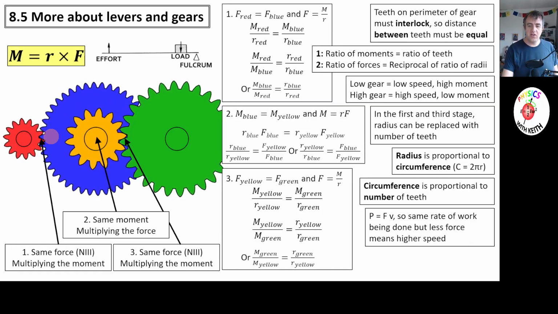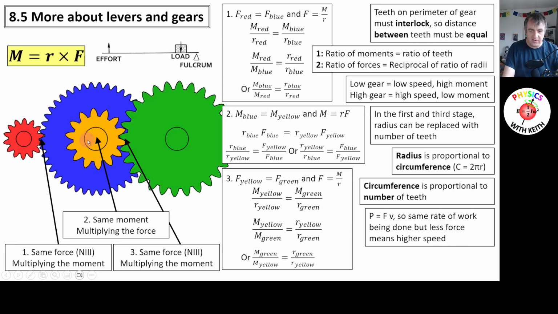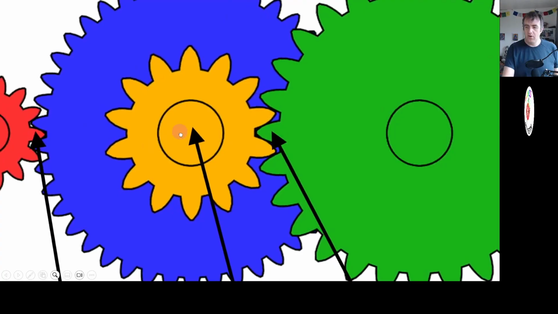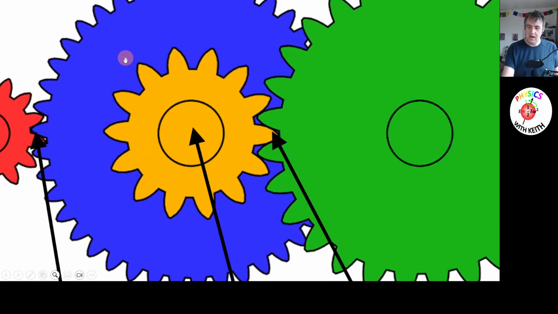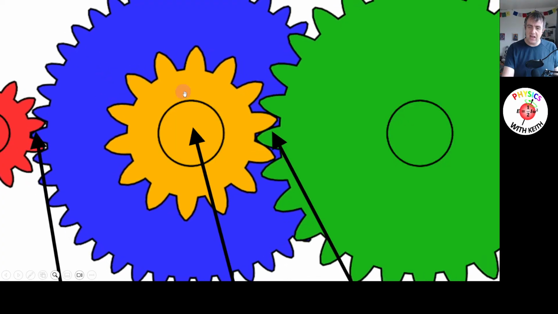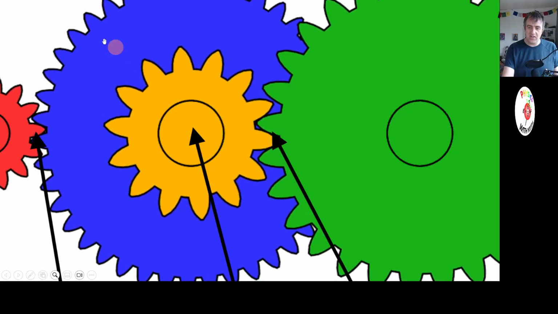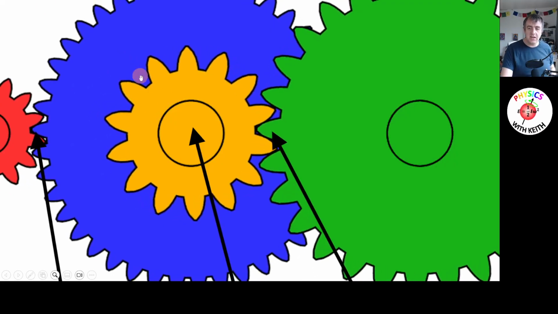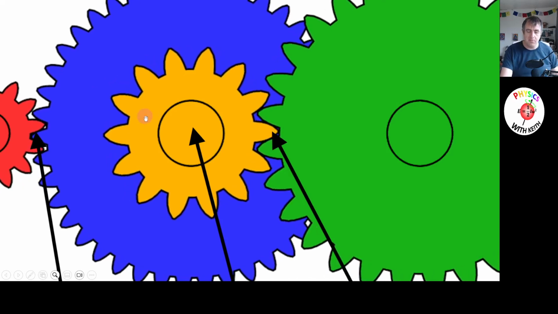Now let's have a look at the blue gear to the yellow gear, because this is a little bit different. Zoom out a little bit. Blue gear to yellow gear. Now you'll notice that the blue gear and the yellow gear are connected to each other. They're stuck together. They're probably the same piece of metal, just machined so that it's got these different parts to it.